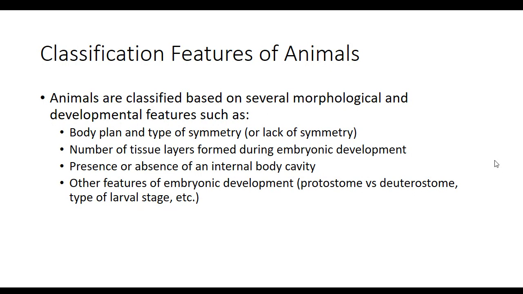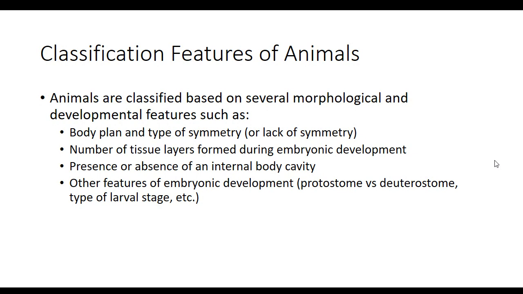Those layers of cells later lead to the various tissues. Like one layer might become the digestive system, another layer would become the skin and the nervous system. We'll talk more about that in a minute.